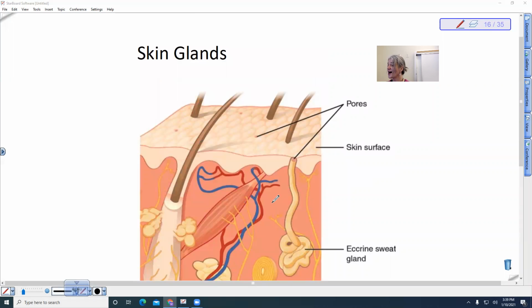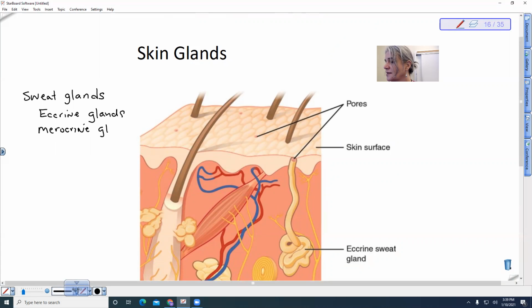So when we talk about the skin glands, we can talk about sweat glands. So sweat glands have a couple of different names. They can be called apocrine glands. They are also classified as merocrine glands.